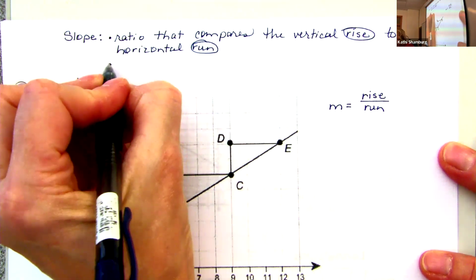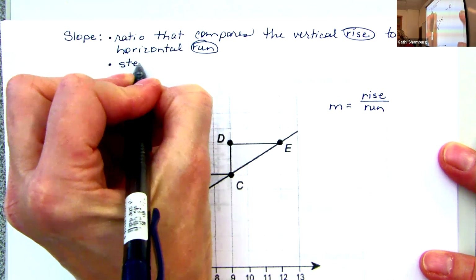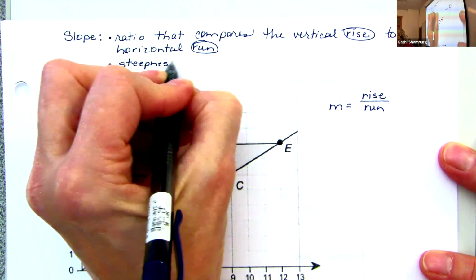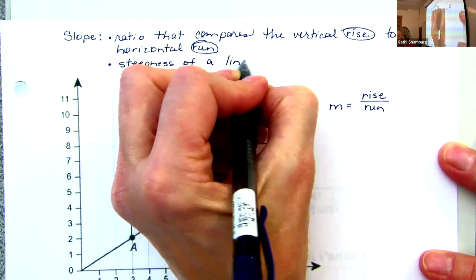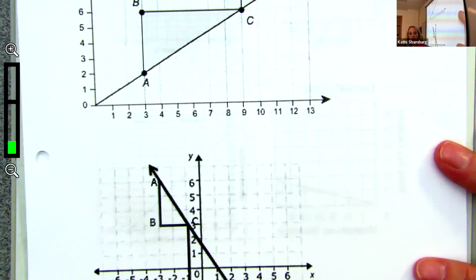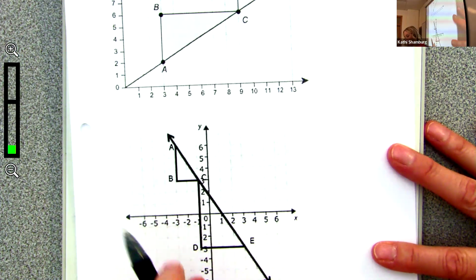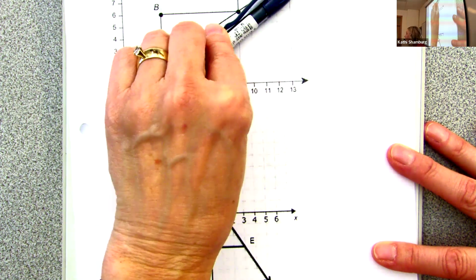Okay, what else does the slope do? Well, it gives us an idea of the steepness of a line. So if you look at these two lines here, you can tell that this one is more steep than this line.